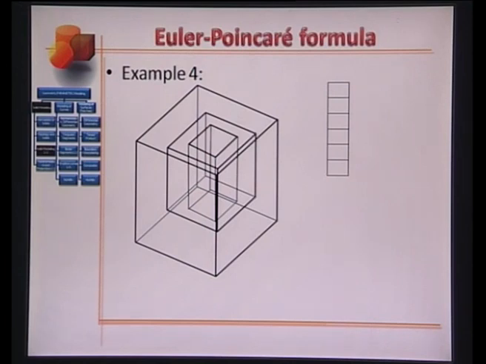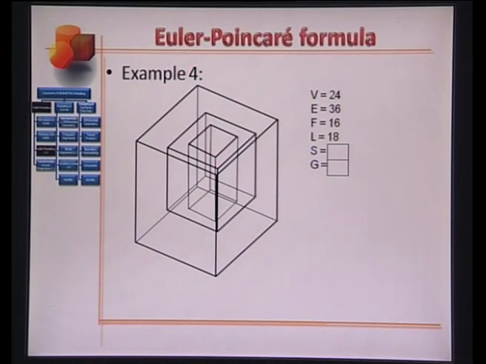Let's try to see what the Euler-Poincaré formula has to predict. The number of vertices, 24, the number of edges, they are 36, number of faces, they would be 16. Number of loops, they would be 18.